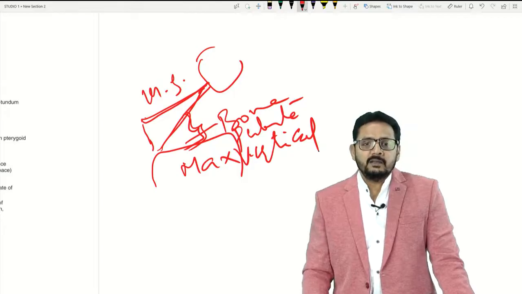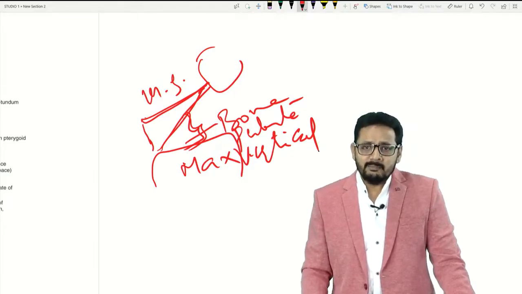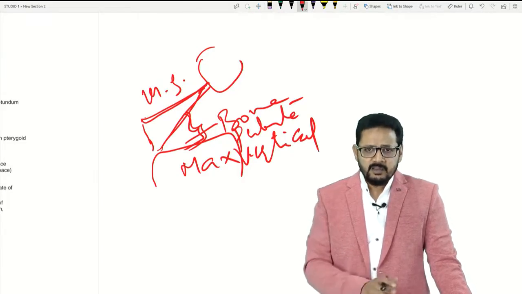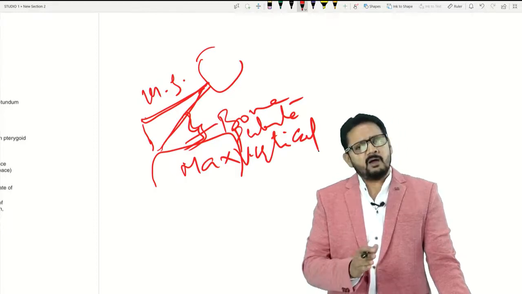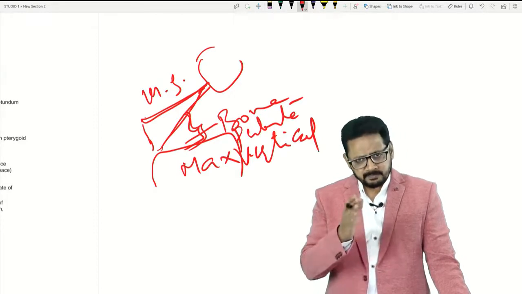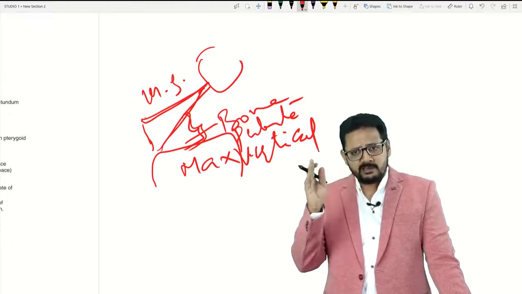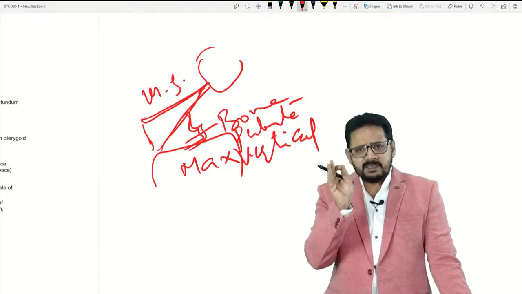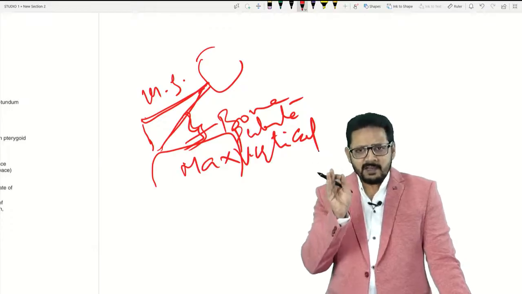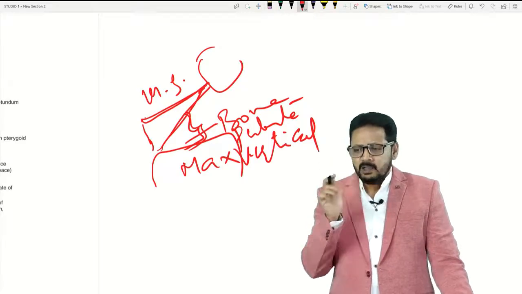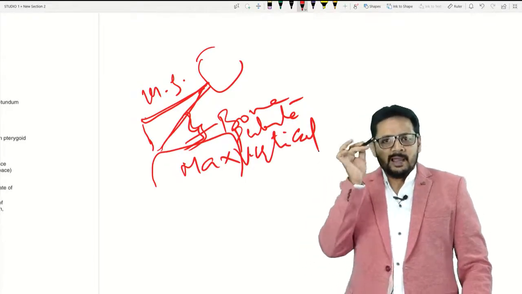Now you understand? So whenever you are placing an implant in the cases of the first molar or the second molar, or sometimes the second premolar region where there might be pneumatization of the sinus, a simple technique is that you have to approach it more palatally.